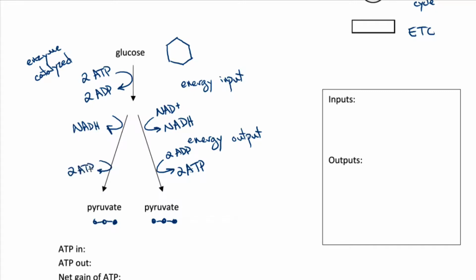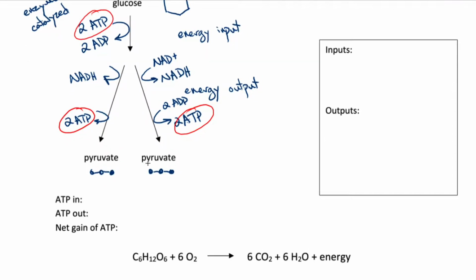Now, if you take a look at the math overall, we put in 2 ATP, but we got out 4 ATP. So we had 2 ATP in, I'll write that as -2, and 4 ATP out because we got 2 ATP for each of the 3-carbon molecules that were made from the 6-carbon molecule above.